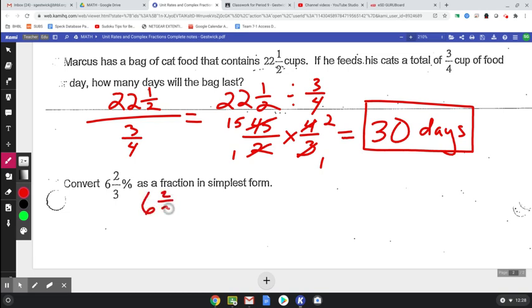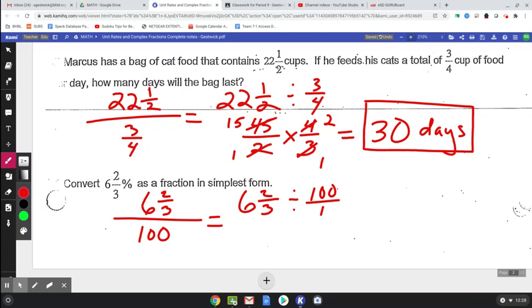They mean out of 100. So check it out. 6 2/3% is the same as 6 2/3 out of 100. So there's your setup. Let's write it going across. 6 2/3, I'm going to say divided by 100 over 1, right?